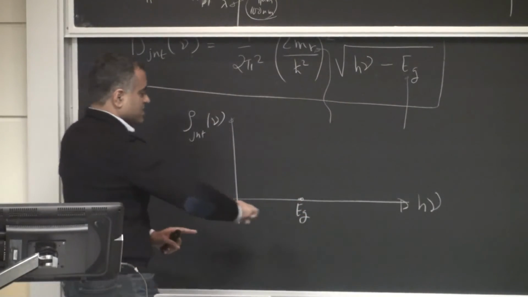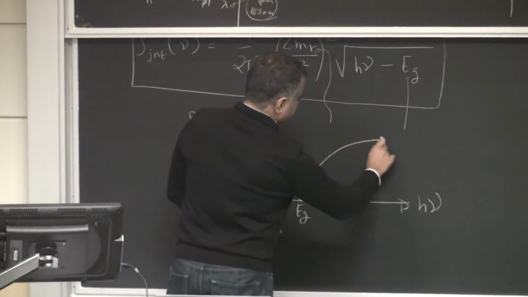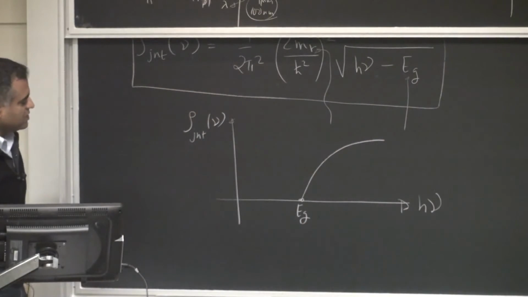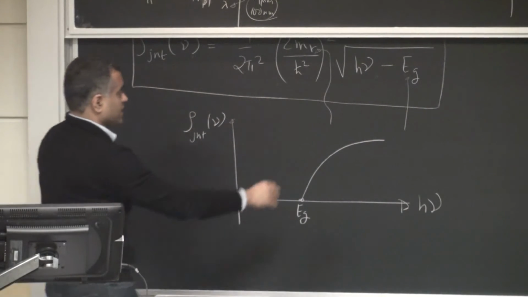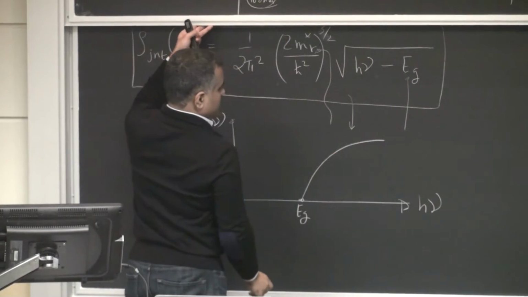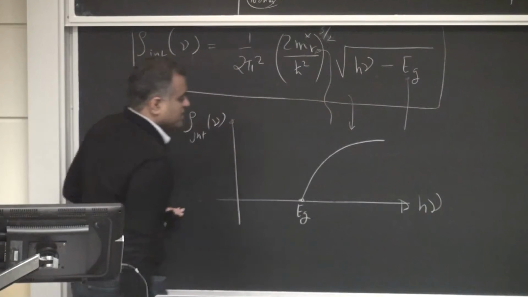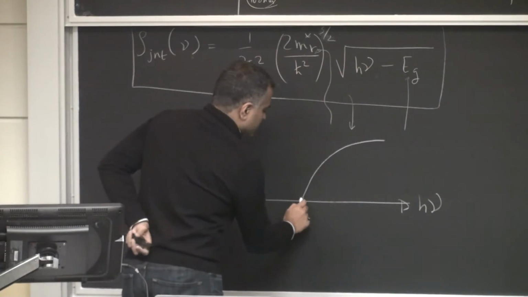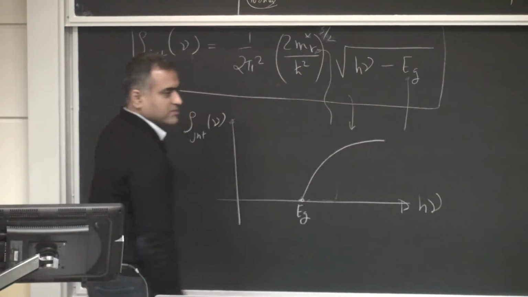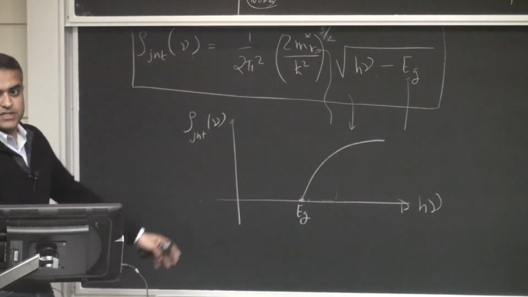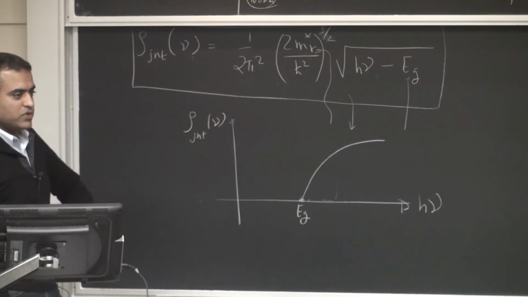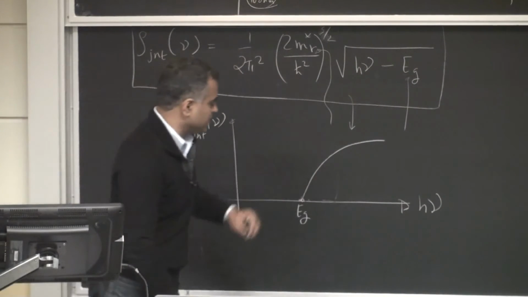And then it increases as a square root for a 3D semiconductor, three-dimensional material. It increases as a square root of it. So that's the physical meaning of it. And it means that as we go to higher and higher energies, if the photon energy is much larger than the gap, there are a lot more states. It can emit a lot more. And similarly, it can absorb a lot more too. So that's the physical meaning of it.